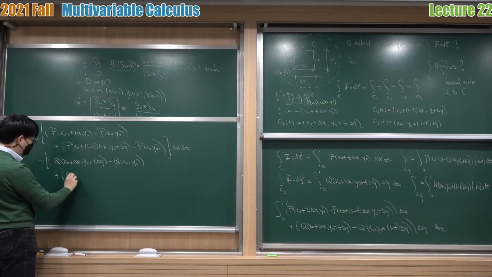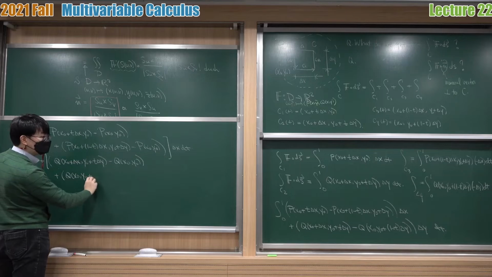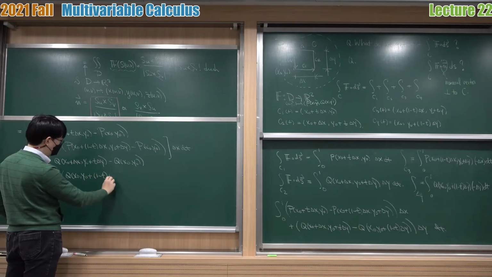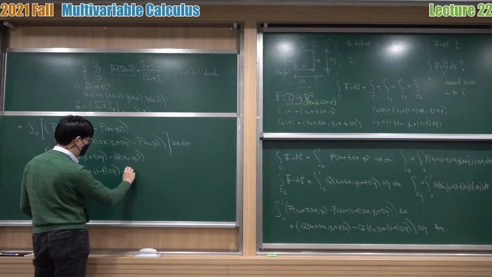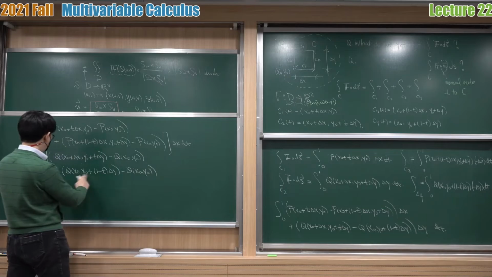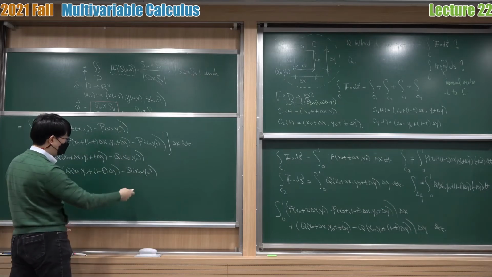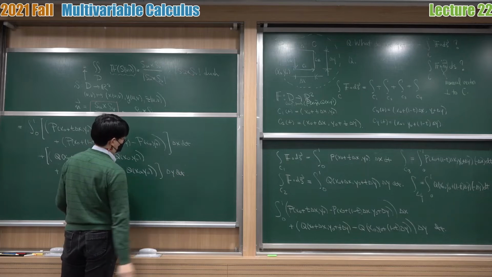And then Q(x0, y0 plus (1 minus t) delta y) minus Q(x0, y0). So there's a minus and plus here, so canceling out happens. Delta y dt.